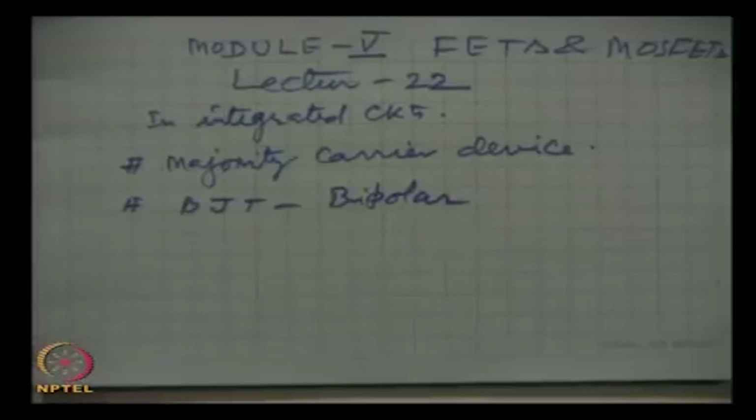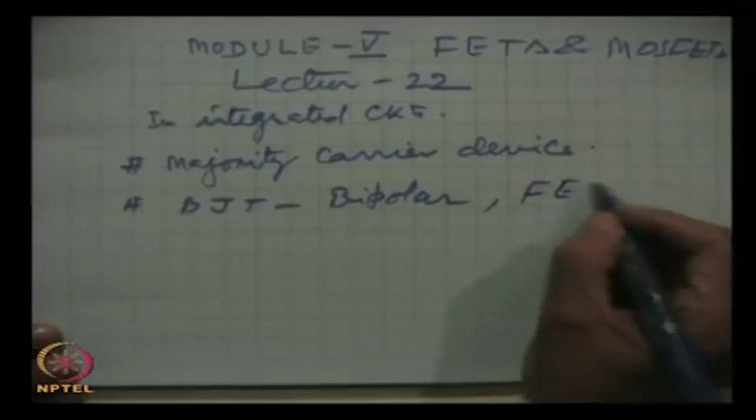That means for the operation of a bipolar transistor, we need holes and electrons both. For example, in the base region, the recombination of charges takes place, which gives rise to the base current, which is very essential for the operation of the transistor. So that is the reason it is called a bipolar device.